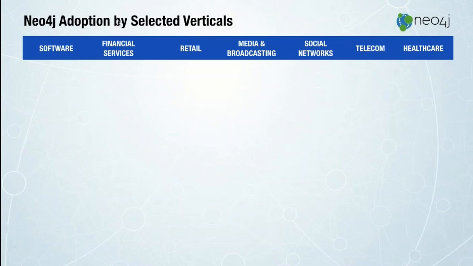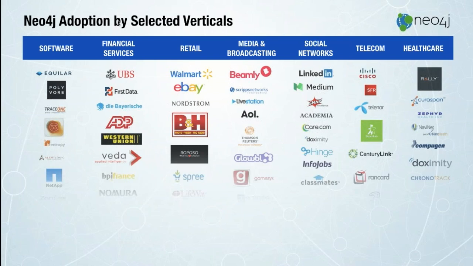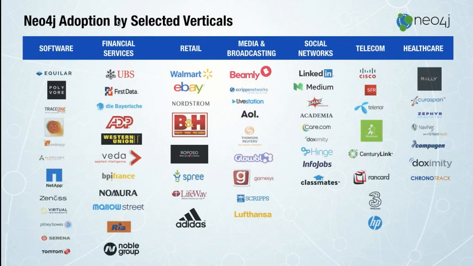Neo4j has been adopted by numerous different companies in numerous different financial verticals. This is just a small section. You'll see maybe a few companies you recognize. TomTom, the in-car navigation, Nomura, financial services, Adidas, they're using it for graph-based search and website management.